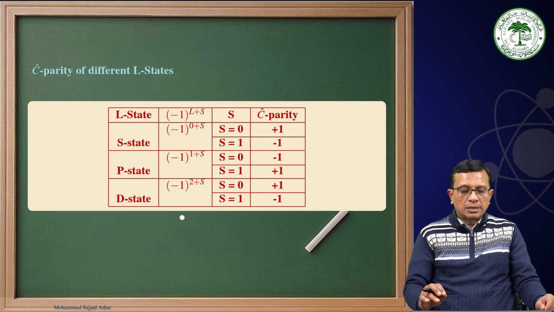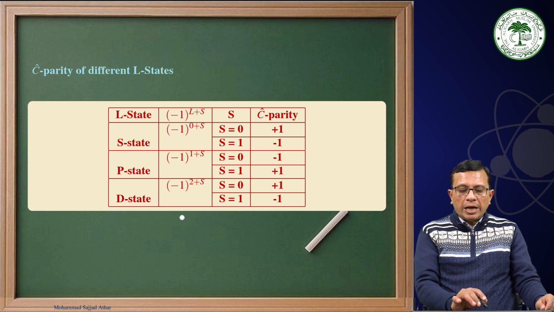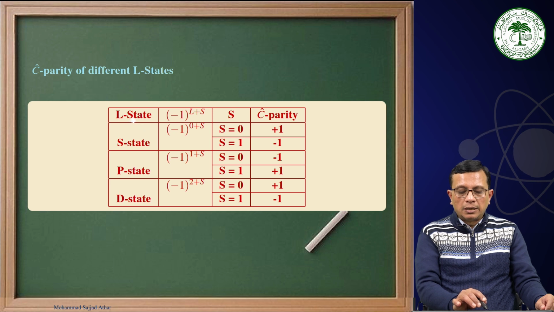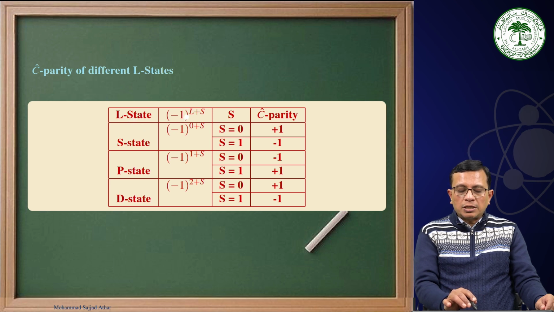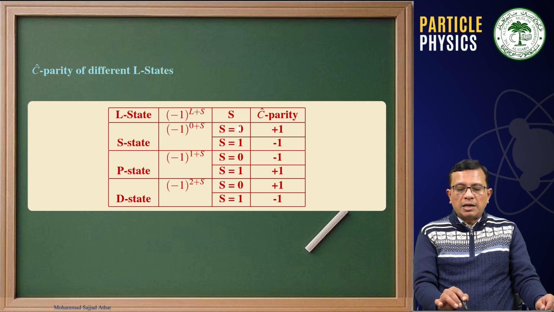As you can notice, if I have an S state, which corresponds to L equal to 0, the C parity is minus 1 to the power L plus S. L is 0, therefore we have simply minus 1 to the power S. S can be, for the two fermions of spin half, 0 or 1.